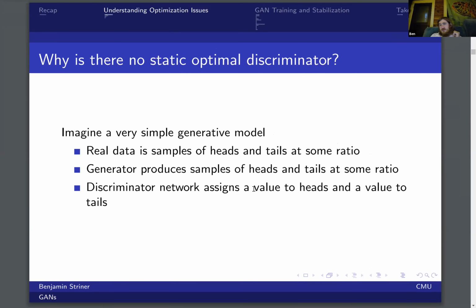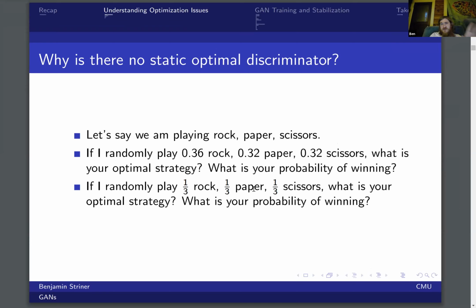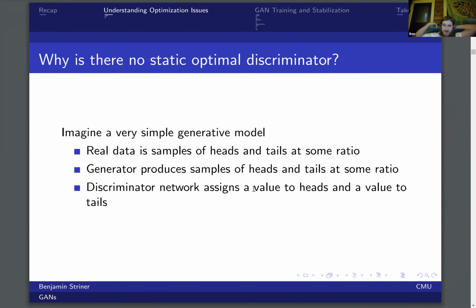So that's just a basic example because you guys know what rock, paper, scissors is. If we look at how that applies to generative networks, we can see a very similar situation. So let's say that our domain is just generating heads and tails.